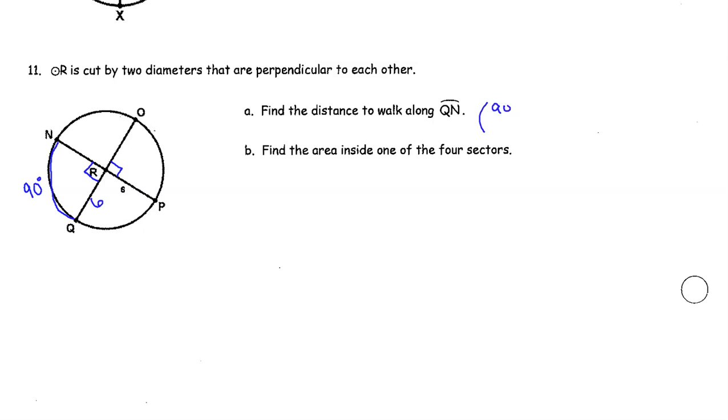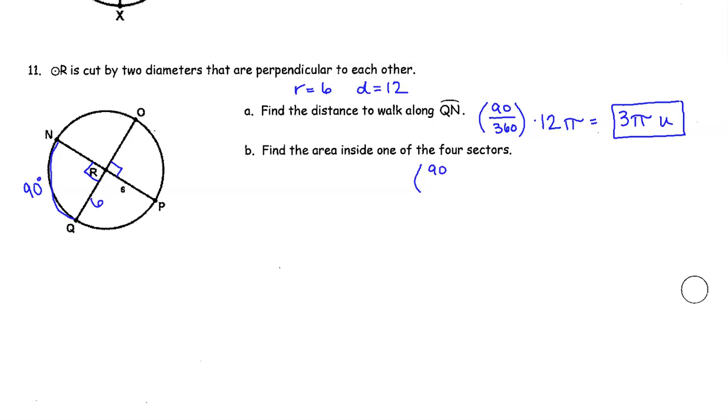So we're going to do 90 over 360 times that circumference. So our radius is 6, which makes our diameter 12. So multiply that times 12 pi. And we get 3 pi units.